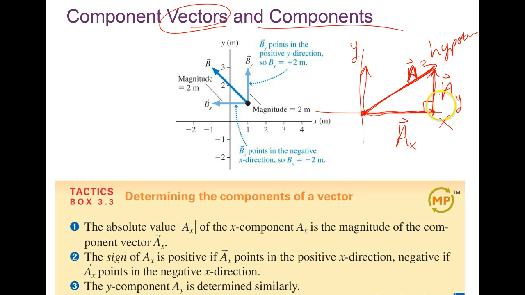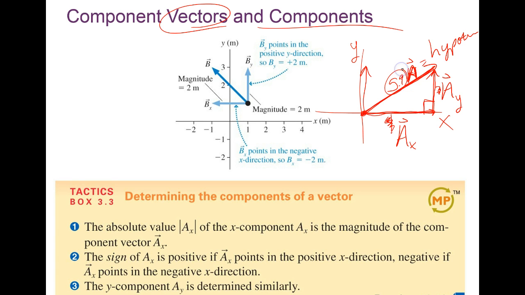So let's say this is 5, and I know it's a right triangle, so that's sort of a dead giveaway that this side was 4 and this side was 3. What if it's not so easy? What if this is 5.9? Now what? Well, you'd have to do some trigonometry.